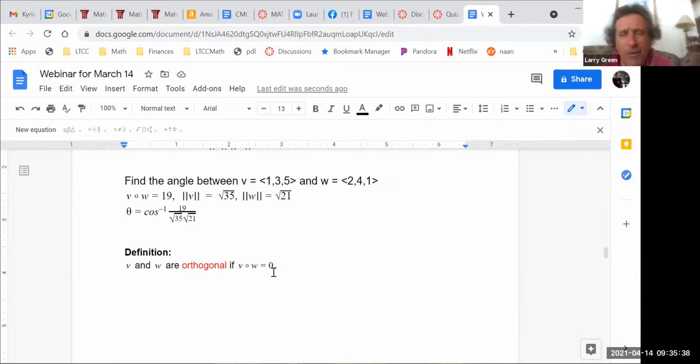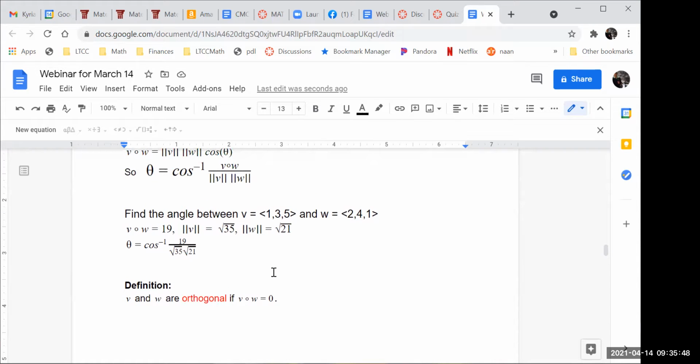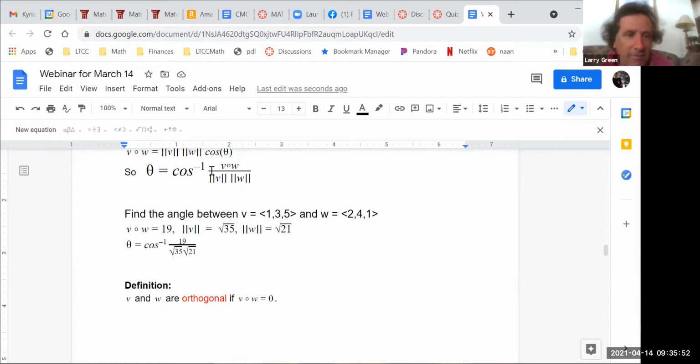What's another word for orthogonal that you know from just life? Perpendicular? Yeah, perpendicular. Because notice if v dot w equals 0, that means the cosine of the angle is 0. The cosine of what angle is 0?